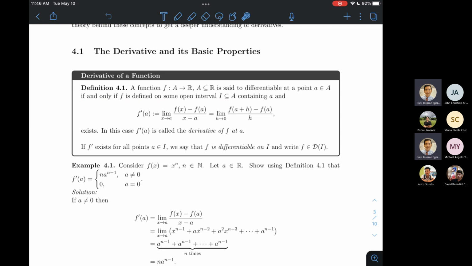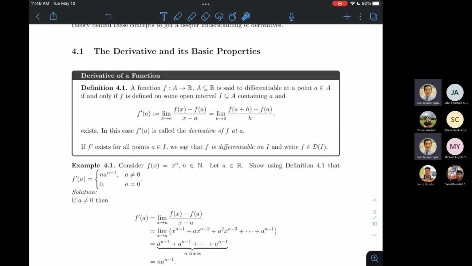So ibig sabihin dapat si function f ay defined sa isang open interval containing the number a, and that makes a a limit point of the set A. Kasi nga nandun siya sa interval, pag naroon ka sa isang open interval, magiging limit point ka na kaagad. Alright? So limit point ka ng I, limit point ka na rin ni set A.